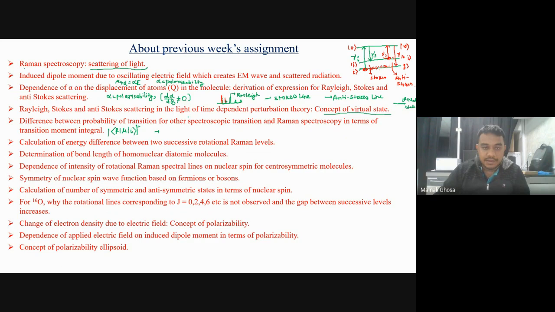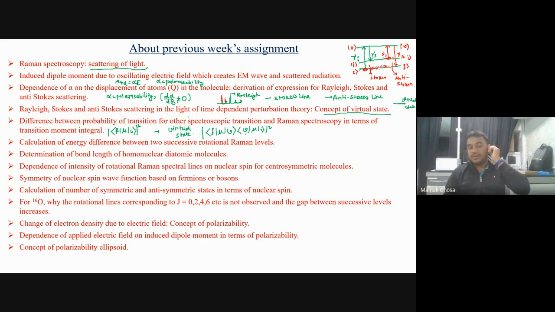But for Raman transition, since the virtual state is involved, it will also be in the expression. So it will be final state mu virtual state, then virtual state mu initial state. This whole term will be squared. So these two different things are there.